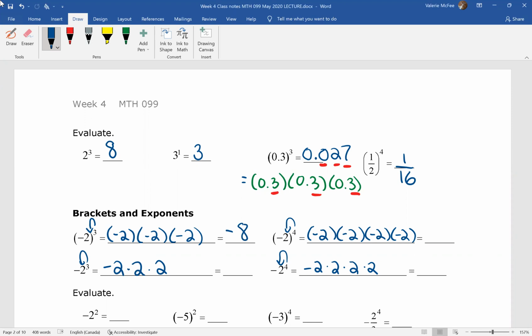In the next one, an even number of negative signs, our answer is positive. In the last 2, there's always an odd number of negative signs. So the answer, the product, is always negative. But I would want to see that explanation from you if I asked you to verify an answer.